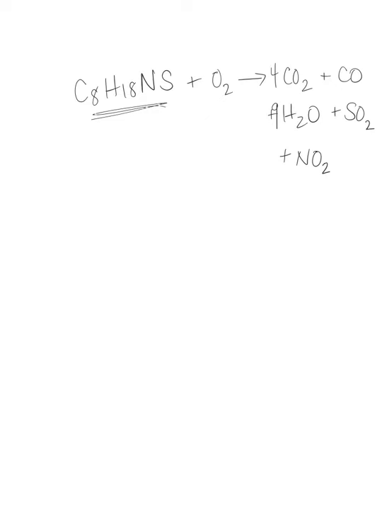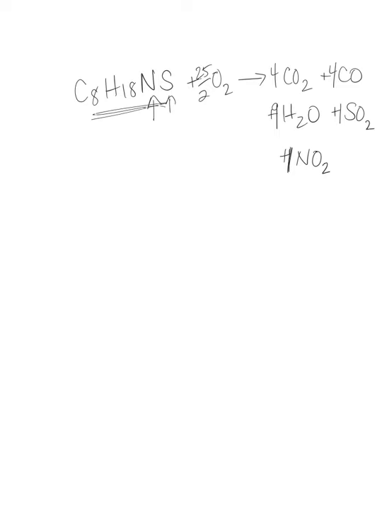But I'm going to do 4 and 4 here. I got 1 SO2, I got 1 NO2 because I have 1 sulfur here and just 1 nitrogen there. And then in the end, if I were to balance out my oxygens, I have 8 and 4 is 12, and 9 is 21, 22, 23, 24, 25. So I'm going to go to my 25 halves here.